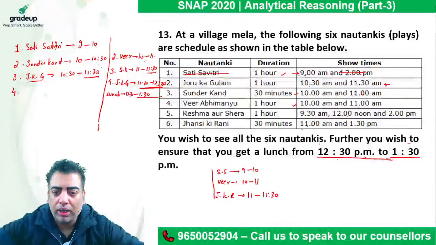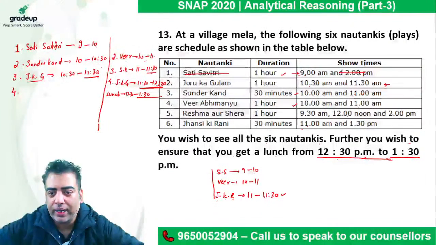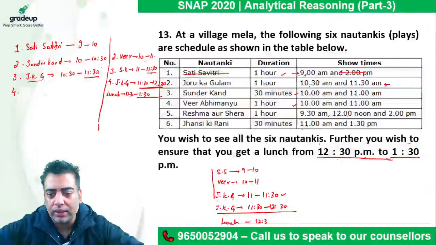Right. Or if we consider this case, after Jhansi Ki Rani, I am free at 11:30. I can watch Joru Ka Gulam from 11:30 to 12:30. Again, this is pretty good for me. I will definitely have lunch from 12:30 to 1:30.